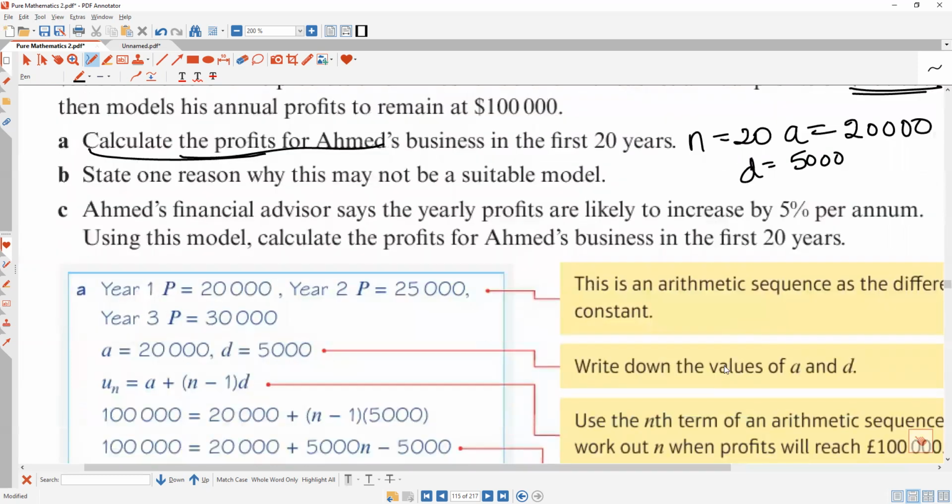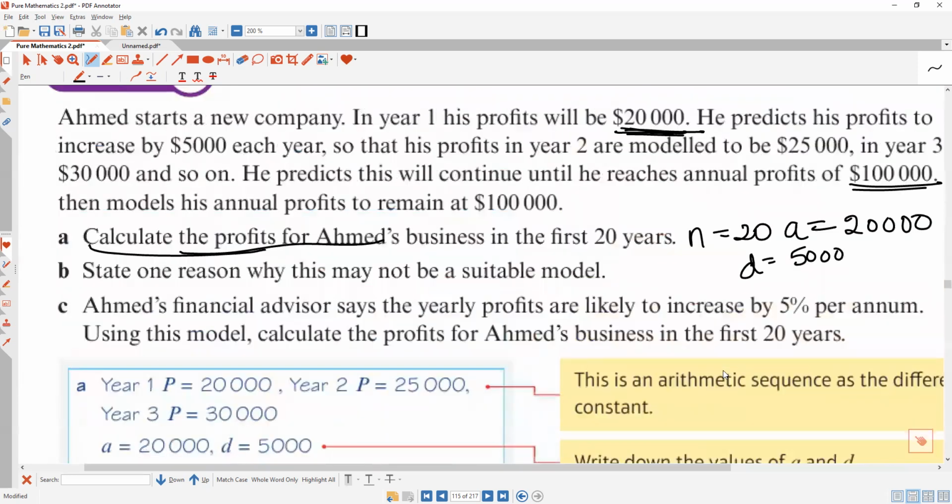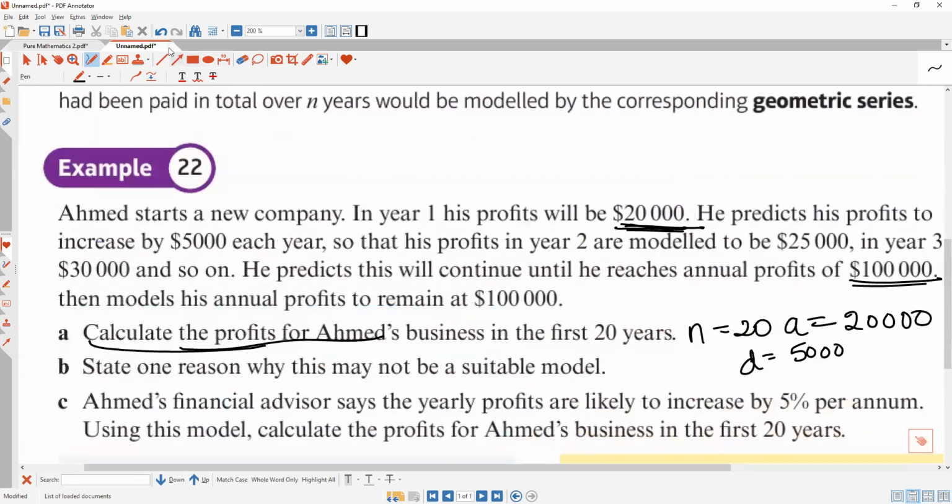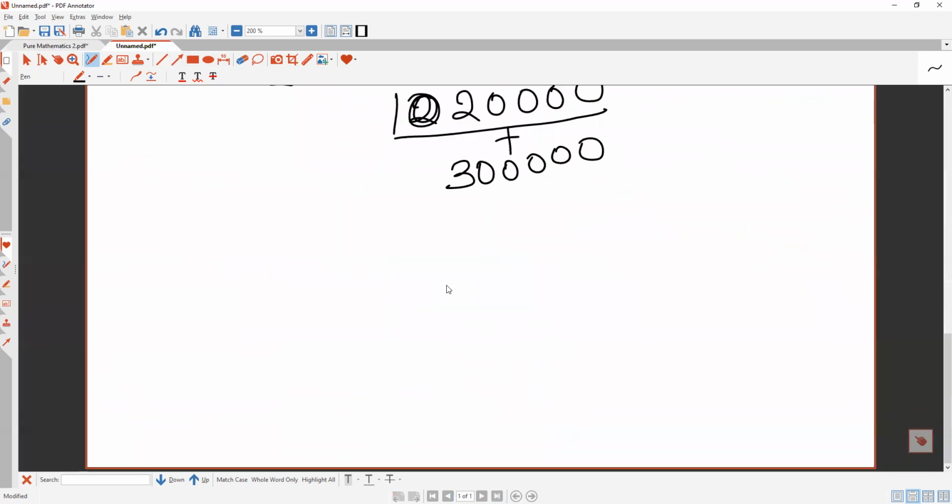Look, what will you do here? You will use the sum formula. What was the sum formula? Remember, r is equal to 1 plus your percentage divided by 100. Remember this, your common ratio.